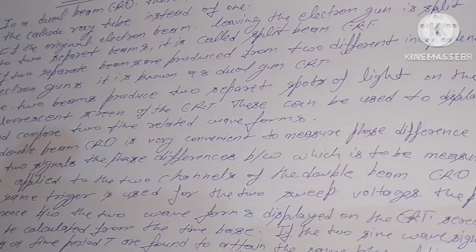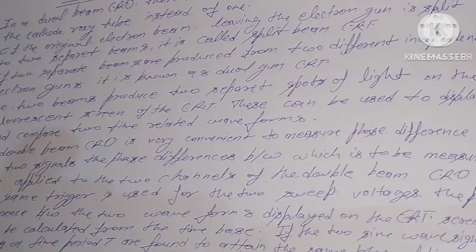The two signals, the phase difference between which is to be measured, are applied to the two channels of the double beam C.R.O. The same trigger is used for the two sweep voltages. The phase difference between the two waveforms displayed on the CRT screen can be calculated from the time base.